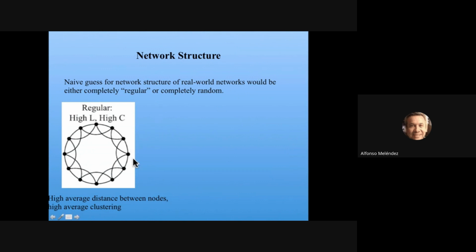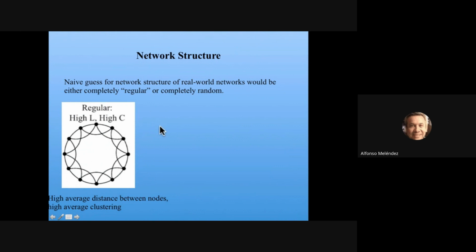Here I have an abstract picture of a network with nodes arrayed in a circle, and each node is connected to its two nearest neighbors on either side of it. So this node, for example, is connected to this neighbor and to this neighbor, and exactly the same kind of connections for every node. So this is called a regular network.